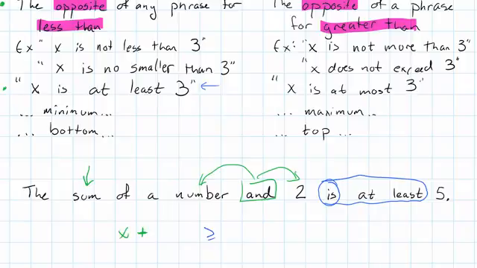So before the plus sign I'll have x, and after I'll have 2. So this is the sum of a number and 2. Is at least 5. Okay, that part's easy. We get x plus 2 is greater than or equal to 5.